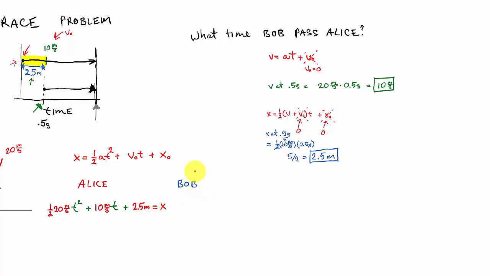Now in Bob's case, we will have 1/2 of 24 meters per second squared, times time squared, plus 0, because at this point he's not moving at all.